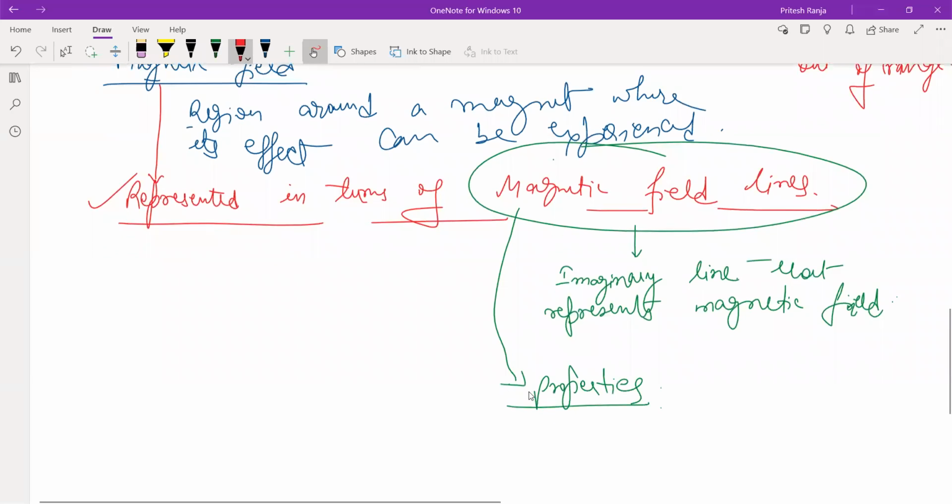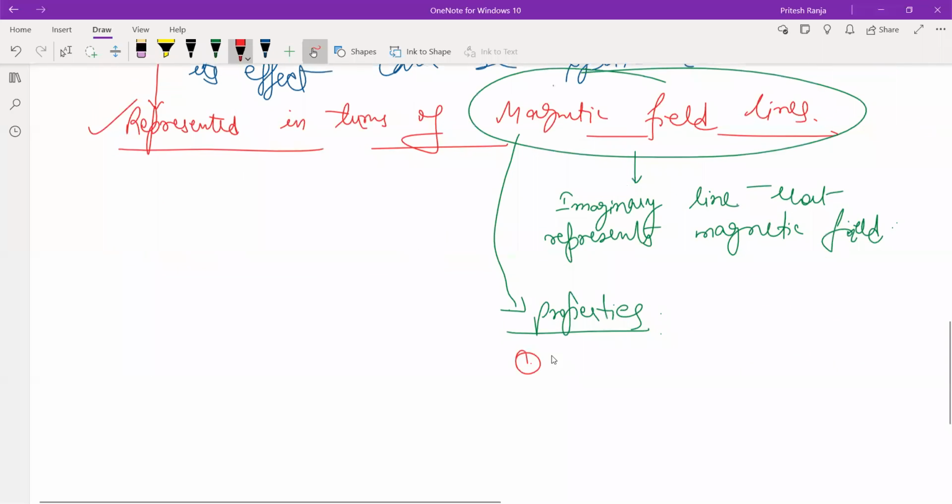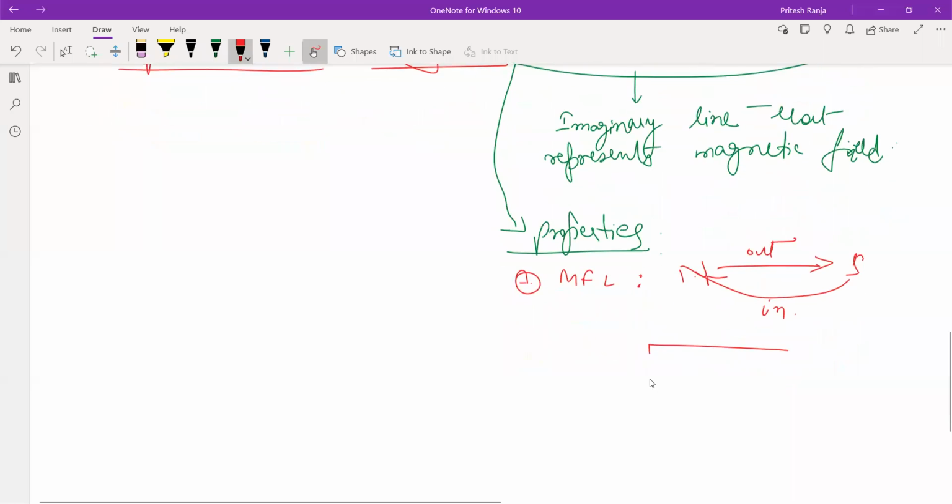So first, we have a fixed direction for magnetic field lines. The direction is north to south. Remember, this is outside the magnet. Inside you have south to north. Okay, so let's say we have this as the magnet. This is north and this is south.